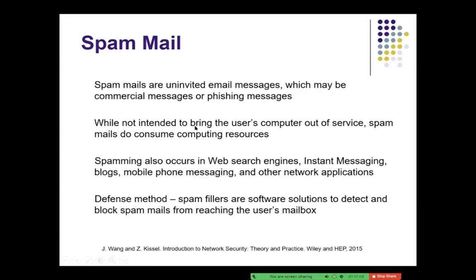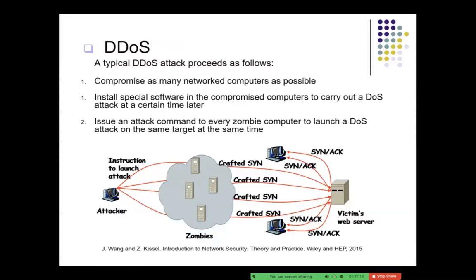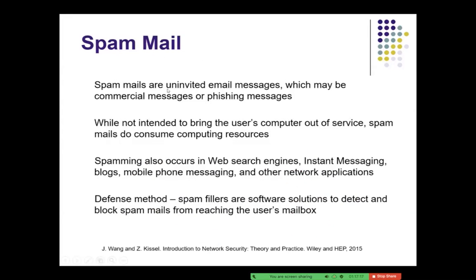All right, and the next attack is spam mail. Spam mails are uninvited email messages, which may be commercial messages or phishing messages. They may not be intended to bring the user's computer out of service, but spam mails do consume computing resources.